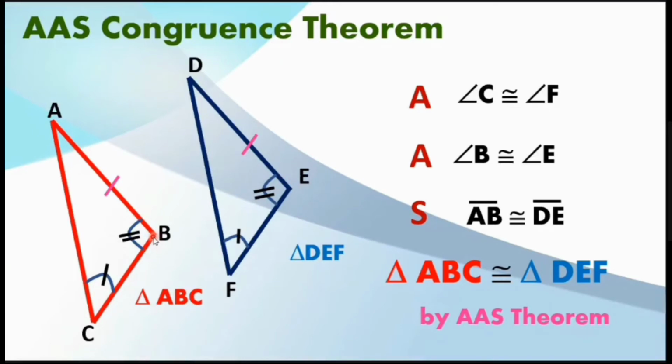The side that is marked is this side here and this side on the second triangle. Those two sides are included sides because they are in between two angles. But in this case, under AAS congruence theorem, we only need two pairs of corresponding angles and a non-included side.